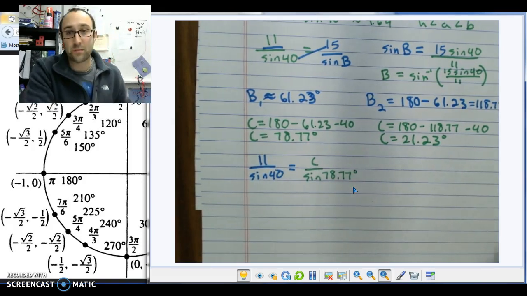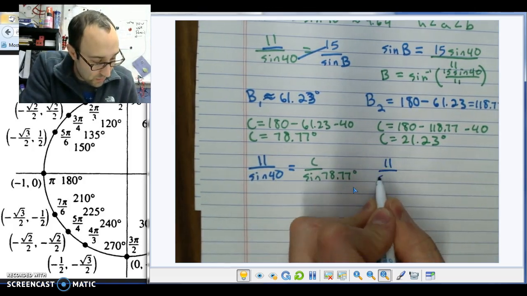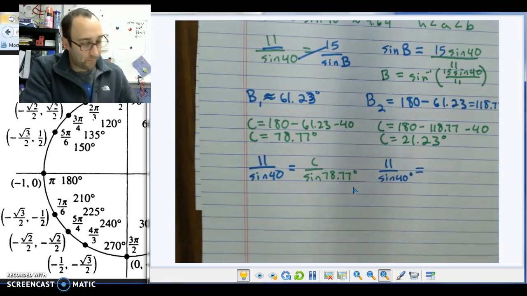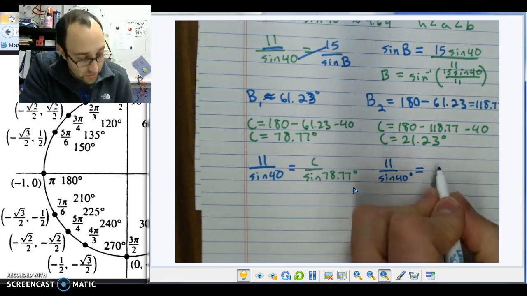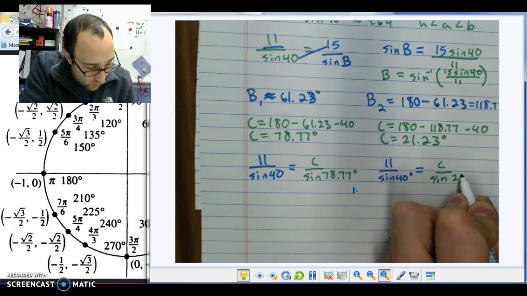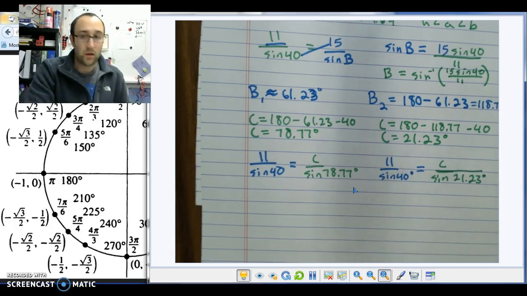And then I'm just going to set up the other one, seeing as though I have it all here, and we'll just do the problem separately. 11 over sine 40 is going to equal, we don't know what C is, over sine of 21.23 degrees.